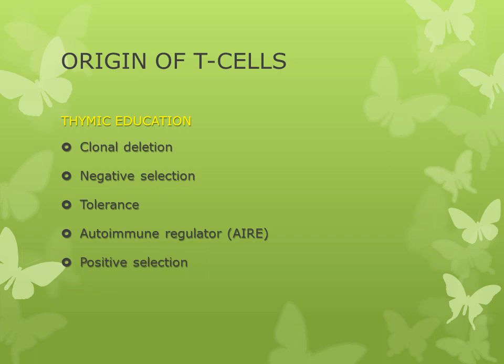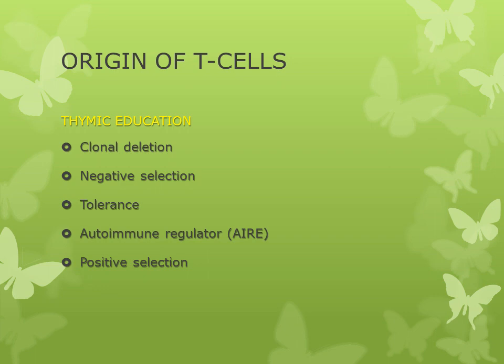But nature has created a very important mechanism of clonal deletion and negative selection, in which CD4 positive and CD8 positive cells which have the receptors for self antigens or self proteins are killed by apoptosis and then removed, and this is called negative selection. This is very important in preventing the autoimmune reaction.